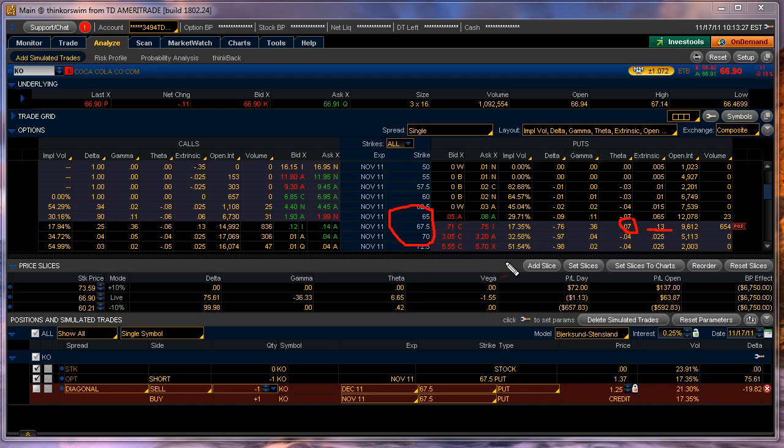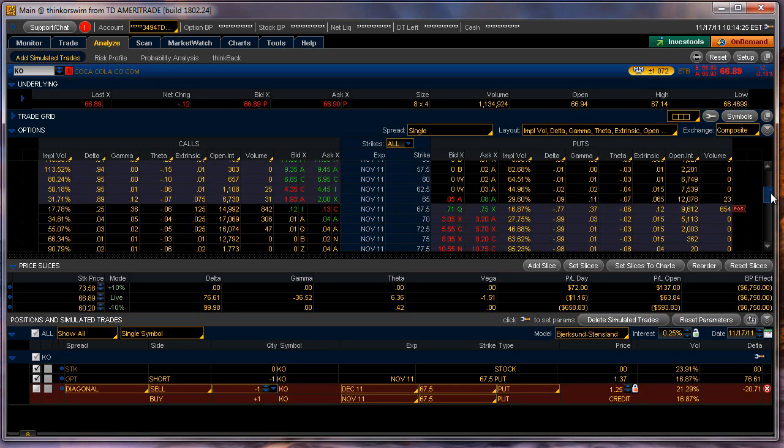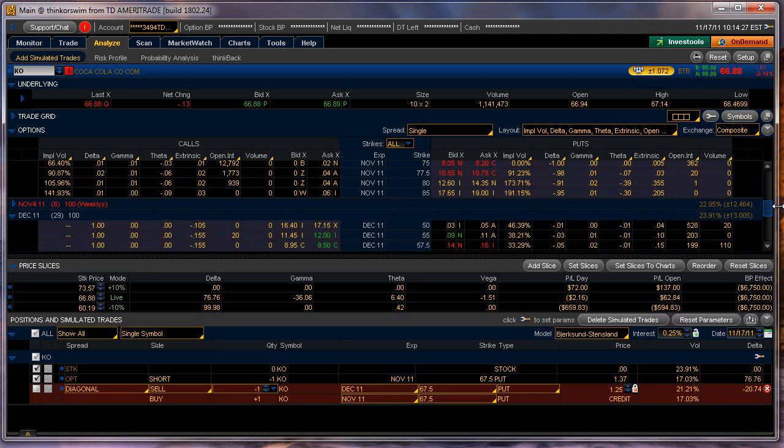And I'm a little concerned about being put this stock. Not that I wouldn't want it, but the intent here is to keep generating that monthly income by selling the naked puts. So rather than take the chance, I'm probably going to go ahead and roll this one, and I'll show you how that's done.